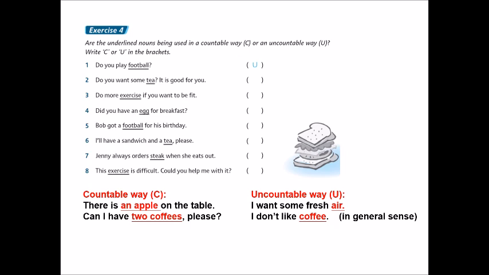For countable ways: there is an apple on the table. Can I have 2 coffees, please? Notice both an apple and 2 coffees can be counted. For uncountable ways: I want some fresh air. I don't like coffee. Notice both air and coffee must be understood in a general sense.